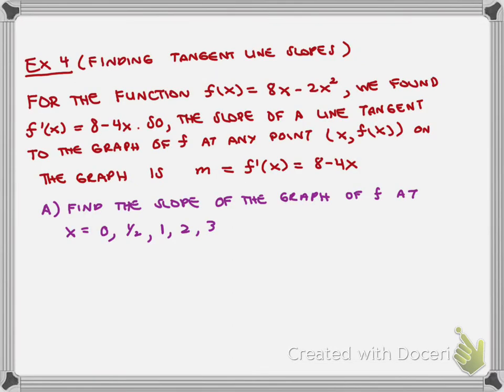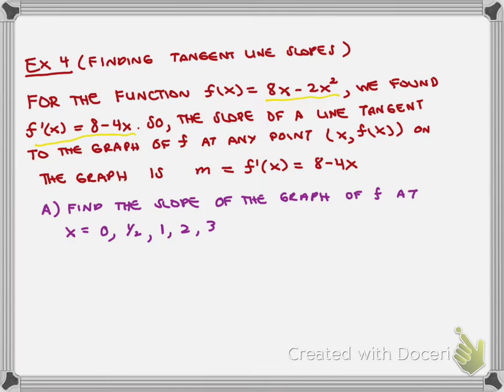Okay. So notice in the last example, the original function was 8x minus 2x squared. And again, you might want to pause the video and write this down and then come back. And we found that the derivative of that function is 8 minus 4x. Remember that derivatives represent slopes of our tangent line, right?